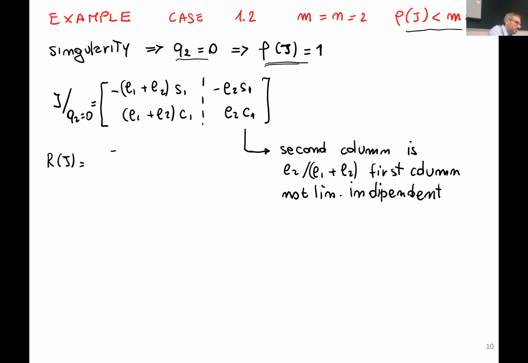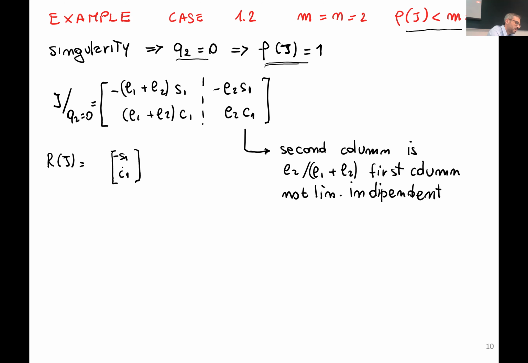What is the vector that can represent all the columns? Minus sine q1, cosine q1 represents this column.